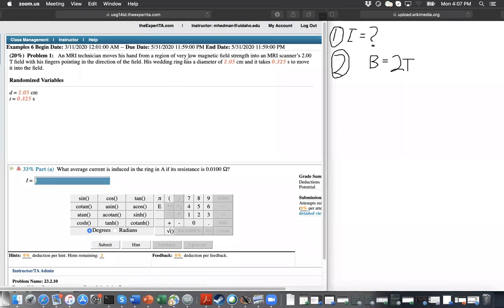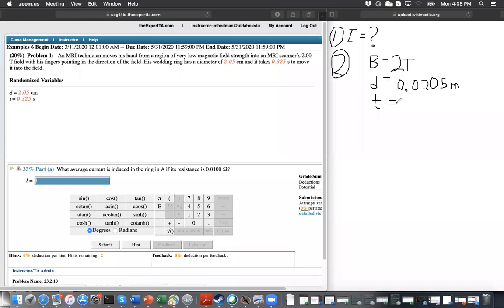We also know that his wedding ring has a diameter, which I'll just write as D, of 2 centimeters, but we can also write that as 0.0205 meters. Fine.